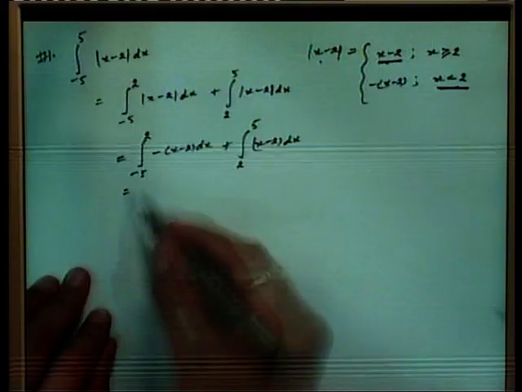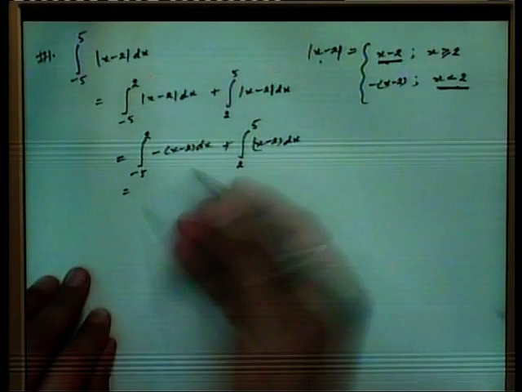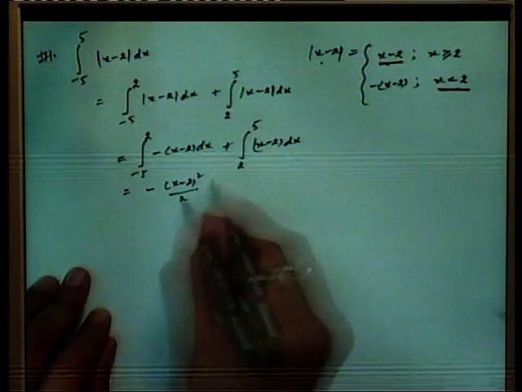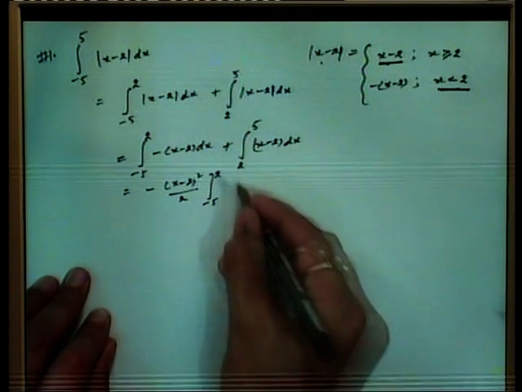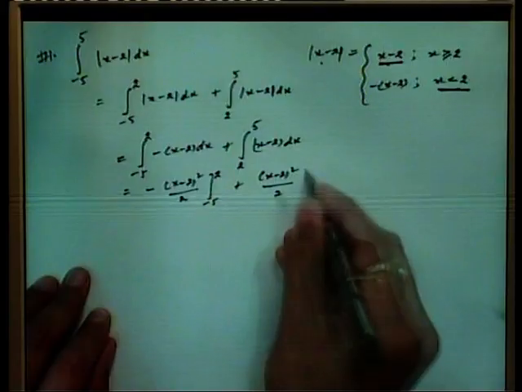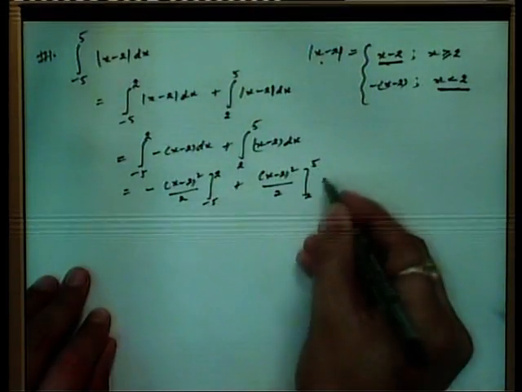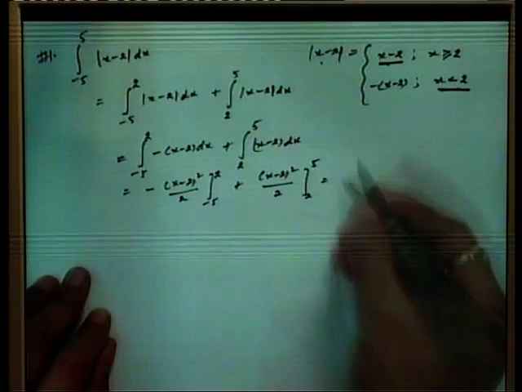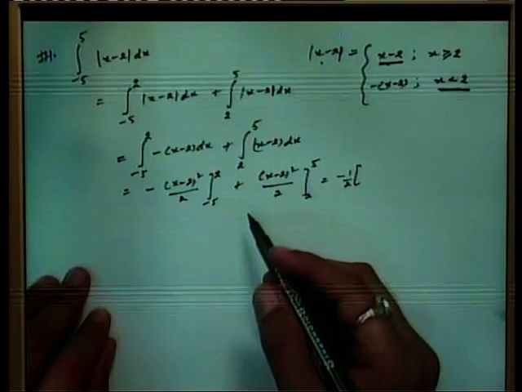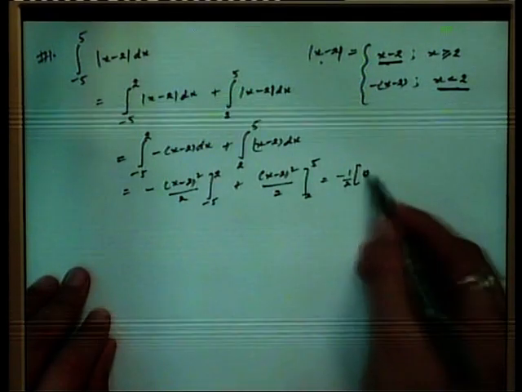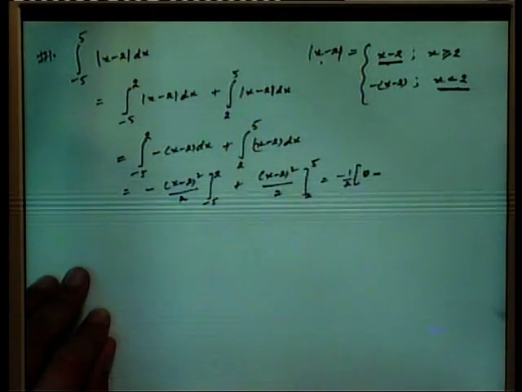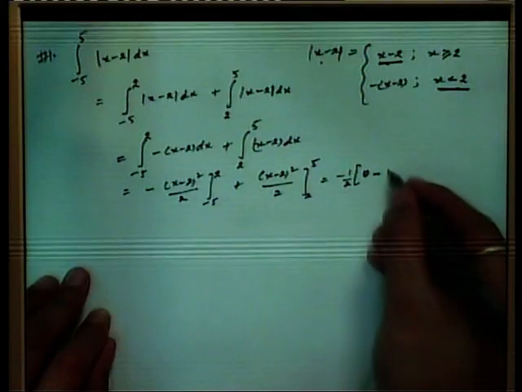Now you can easily solve by simple integration. This becomes (x minus 2) whole square divided by 2 from minus 5 to 2, and similarly (x minus 2) whole square divided by 2 from 2 to 5. Putting the upper and lower limits, in the first integral, if we put x as 2, this becomes 0, minus, in place of x putting minus 5, you get 49.